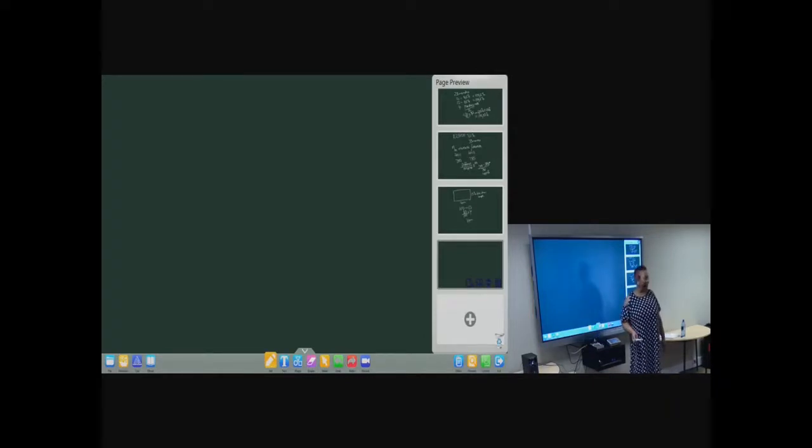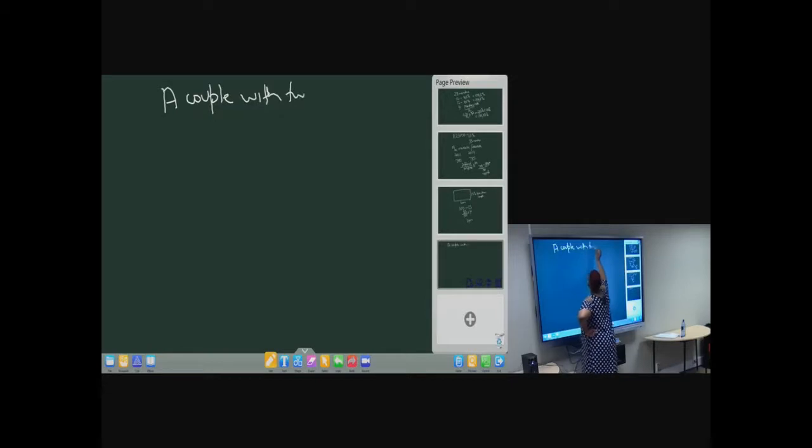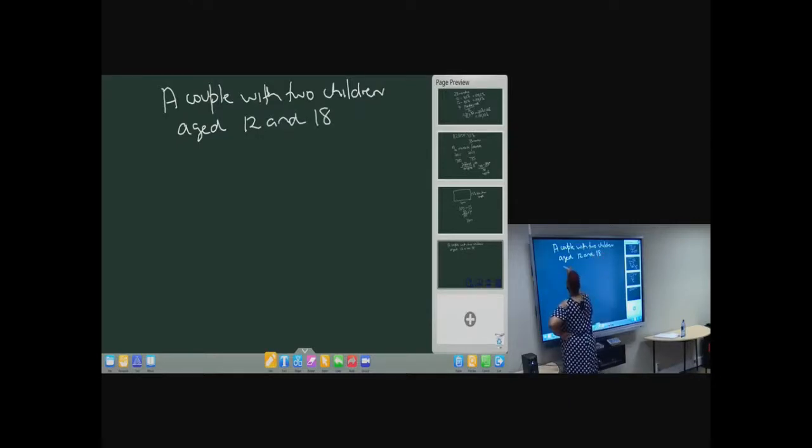One other question which is very familiar is when you are budgeting for a holiday. And I'll do that question, the last question there. So you have a couple with 2 children aged 12 and 18, going for a holiday.